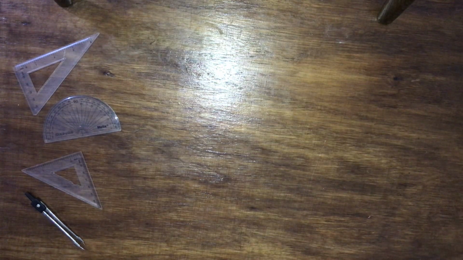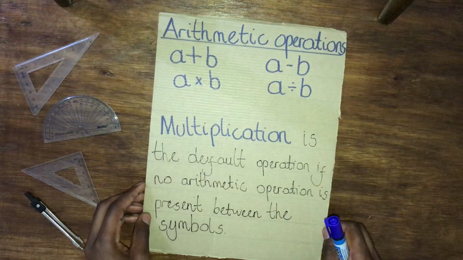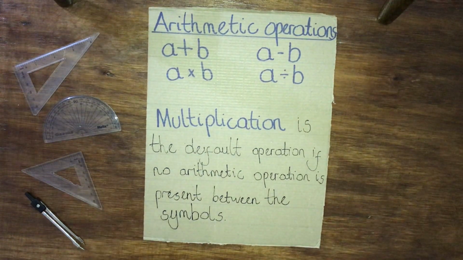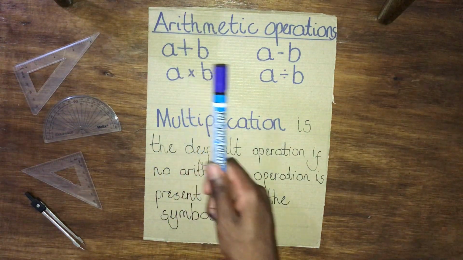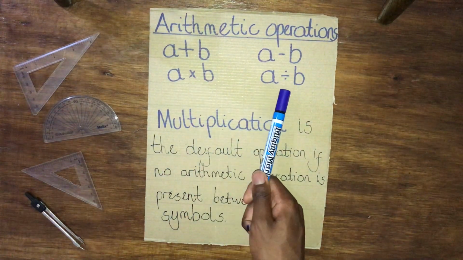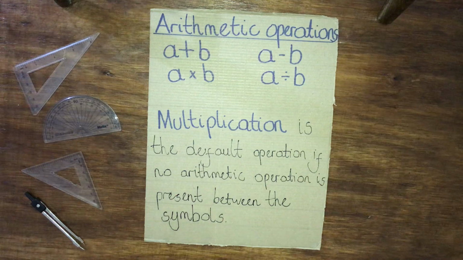Now, of course, what would be mathematics without operations and operands? Arithmetic operations. Of course, we know we have addition, subtraction, multiplication, and division. Multiplication is a default operation if no arithmetic operation is present between the symbols.